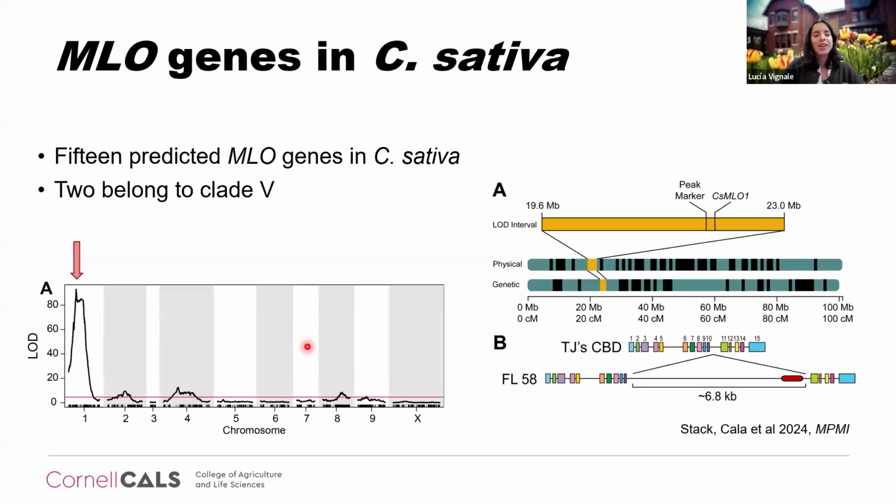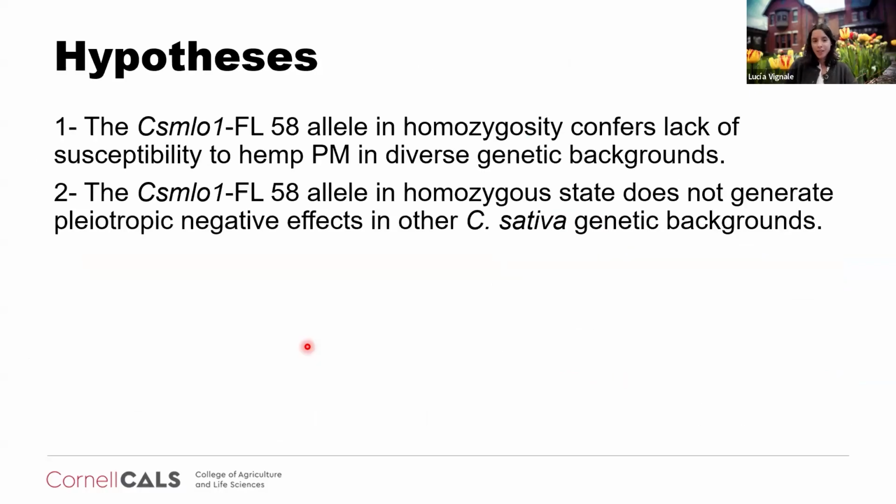So with this information, the hypothesis that I'm working on is that if you're homozygous for this allele, you're going to be resistant, or not susceptible, to hemp powdery mildew in other genetic backgrounds.